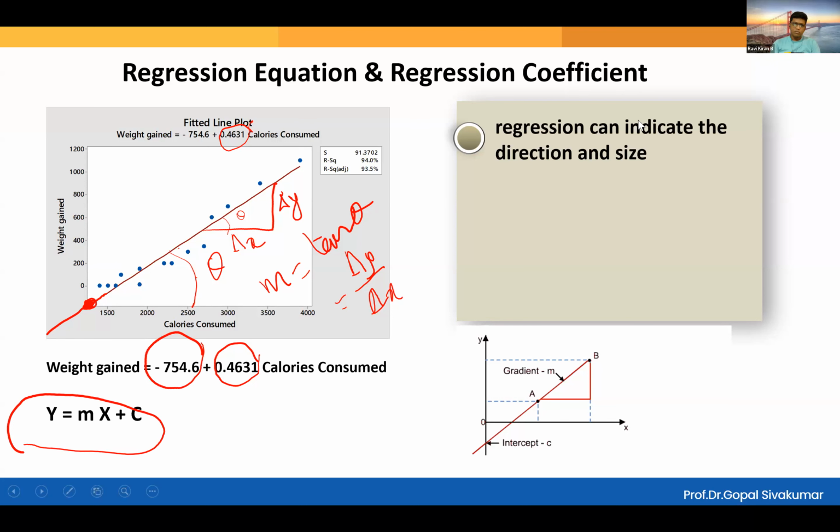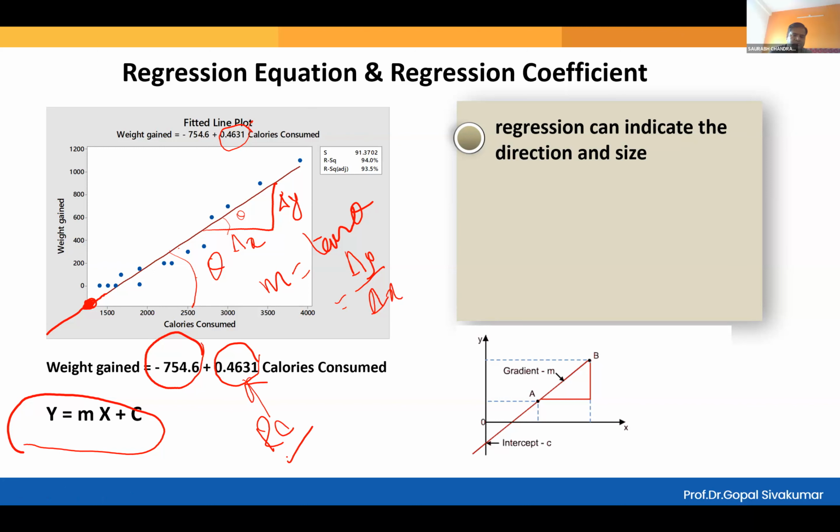All right. So now regression can indicate the direction. If you want to understand the direction of the relationship, see this number 0.4631. This is known as the regression coefficient. Tell me, is this coefficient positive or negative? Positive. So the relationship is positive. Scatter diagram also helped you.